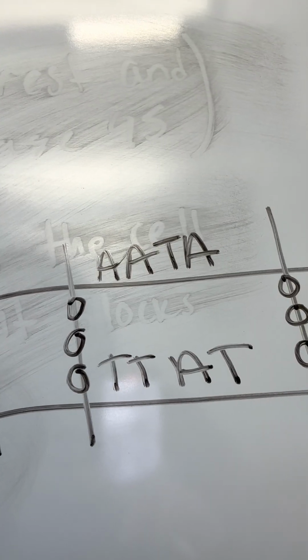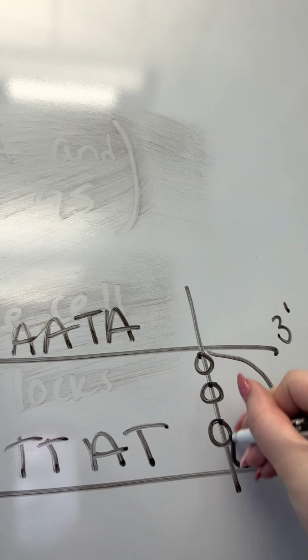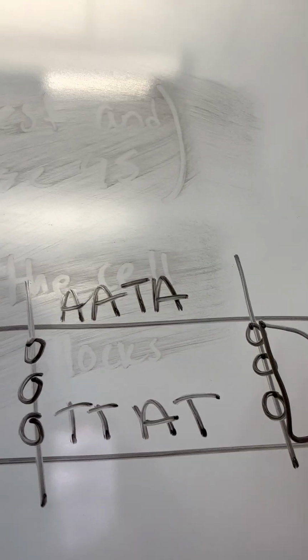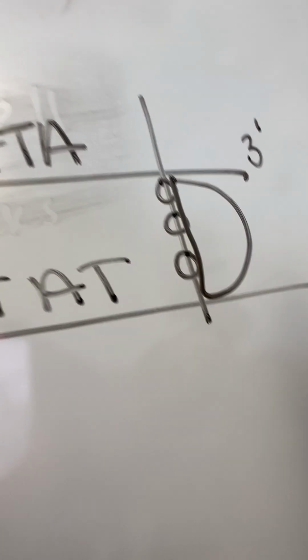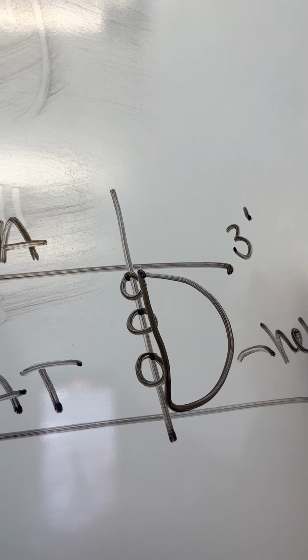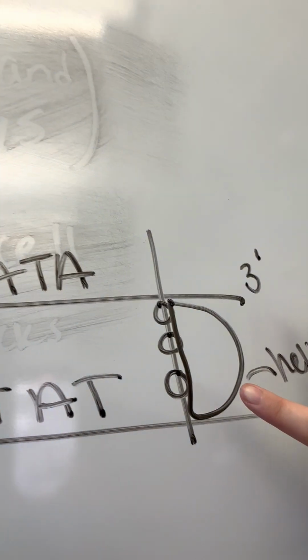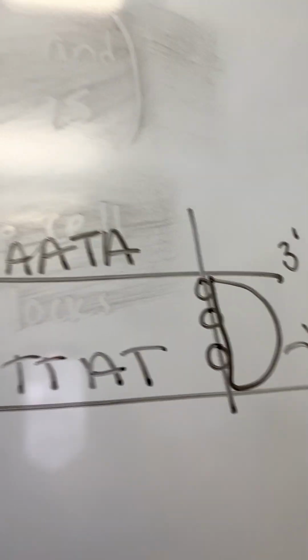And then step 2, the double-stranded DNA is going to be pried apart by helicase. So helicase is going to come in. We have helicase right here. This is helicase, the enzyme, and it is going to pry apart these.